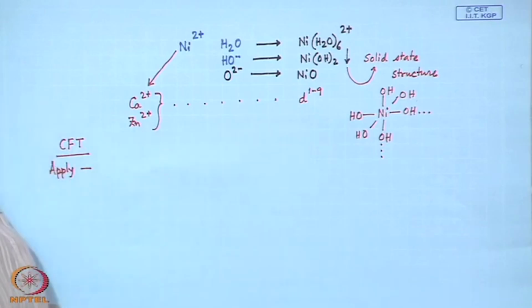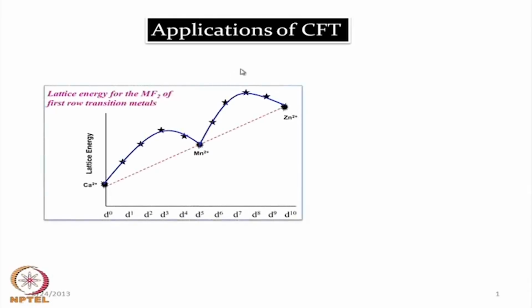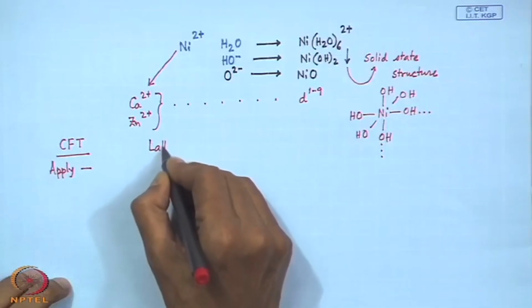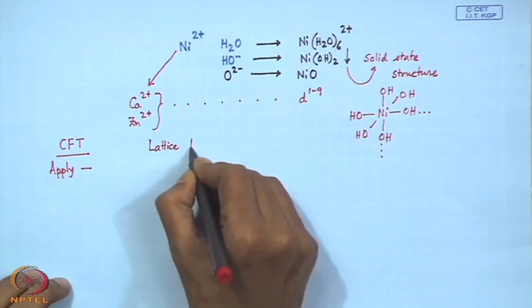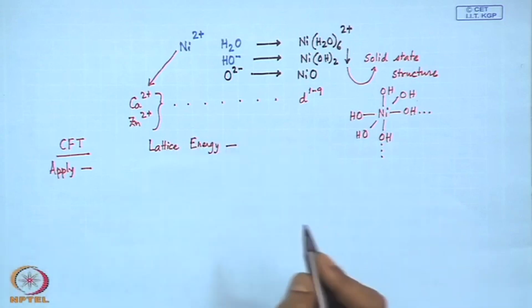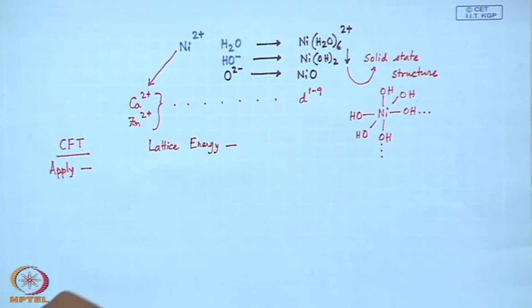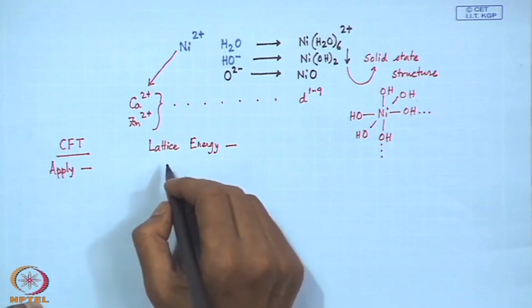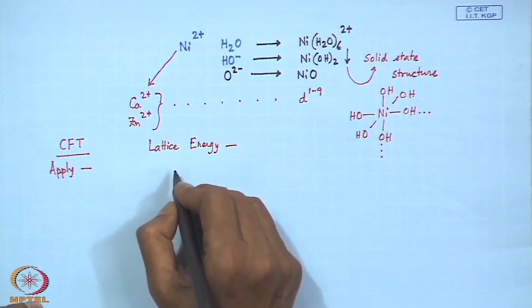with the variation of the occupation of these orbitals by the d electrons. So, the first example would be the corresponding lattice energy parameter. So, what we know is that the lattice energy we can calculate, and applying the Born-Haber cycle, we know how we can calculate the corresponding energy parameter in terms of the corresponding lattice formation.